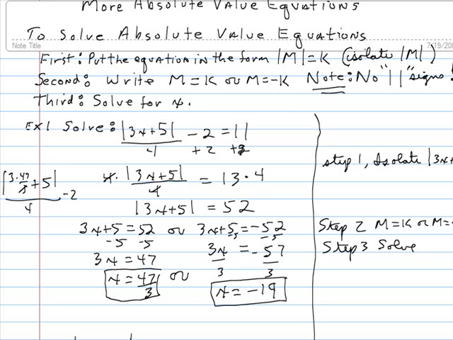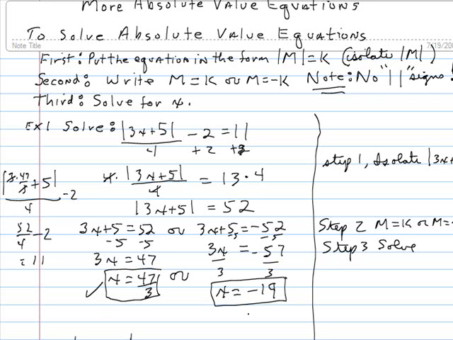And the 3's cancel. So you get the absolute value of 52, which is just 52. Over 4, that's 13 minus 2, and that is 11, so that first answer checks. And if you check in the negative 19, you'll also see that the second answer checks.